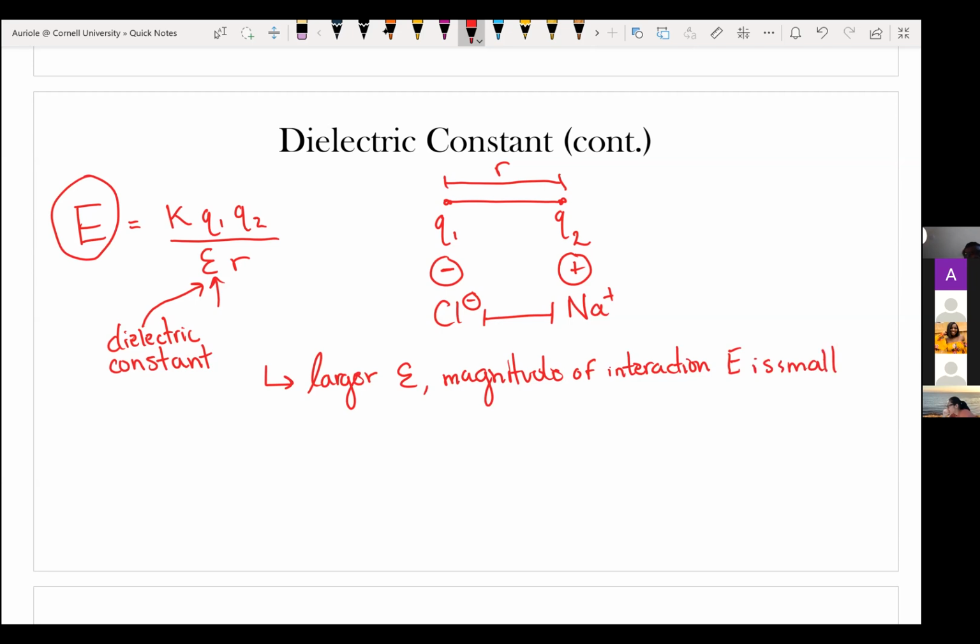That's going to be because the dielectric constant is just how well we're able to separate these charges. By putting some kind of solvent into the system, a solvent that is able to stabilize, to solvate this Cl minus and this Na plus, we're going to be able to keep those two ions apart, and we're going to decrease the attractive interactions that happen in that system.